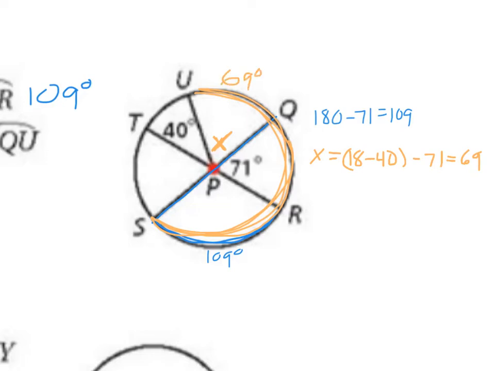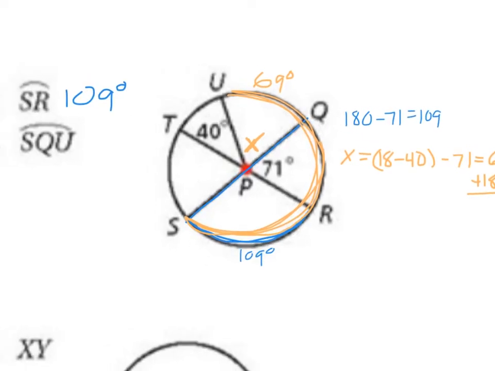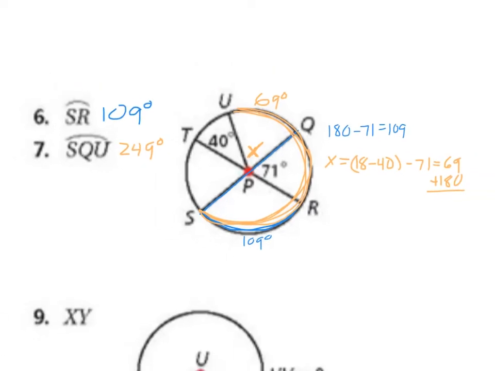So now we just add 69 to 180. And that gives us an angle of 249, right? So 249 degrees for arc SQU.